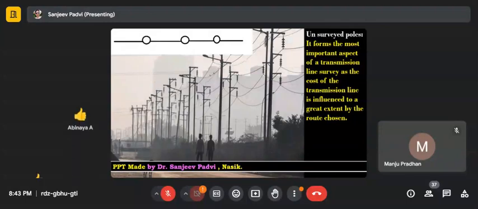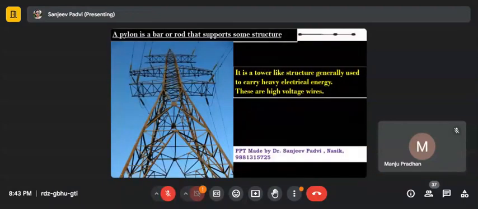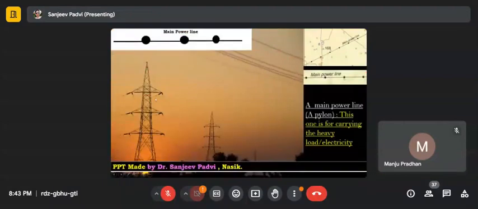Yes, sir. This one is called the main line, and this is called the unsurveyed pole, which actually supplies electricity inside the city, whereas the main power line collects electricity from the power station and brings it to the town. Have you understood this? Yes, sir. Any query? No, sir.